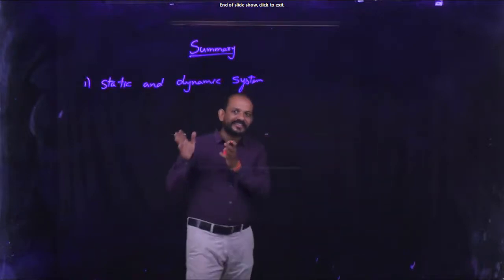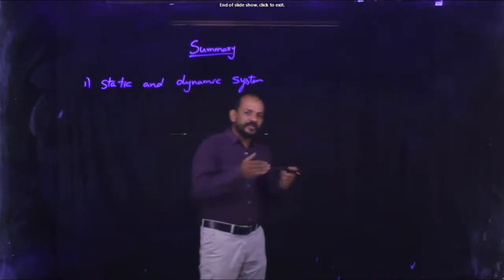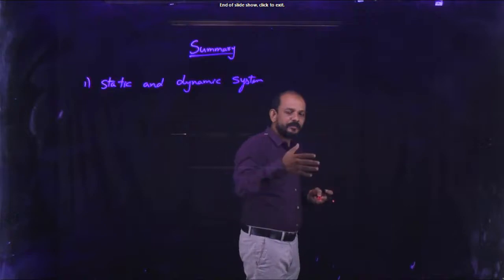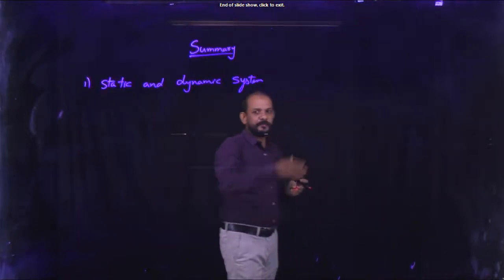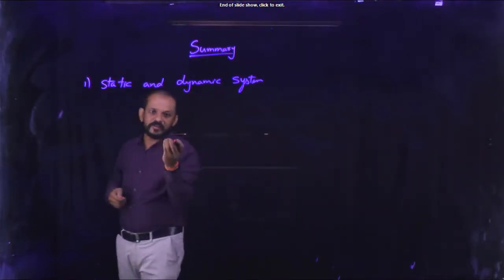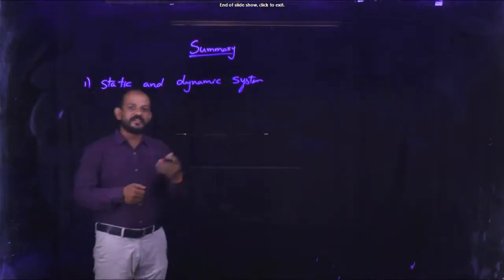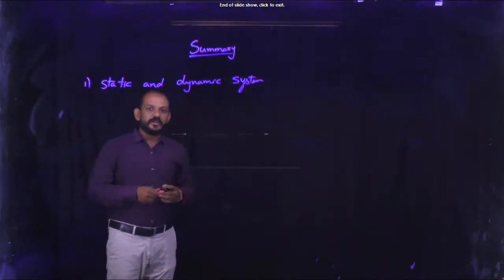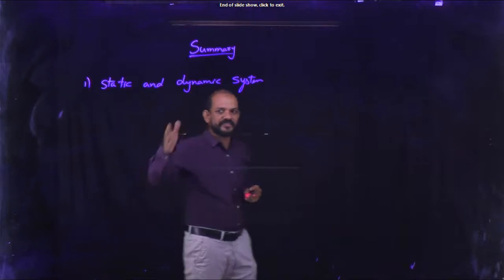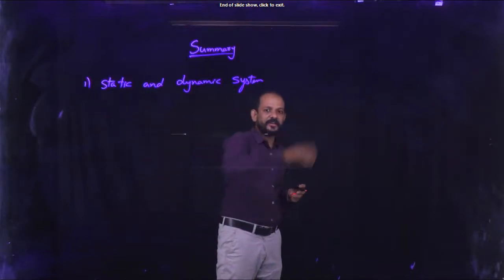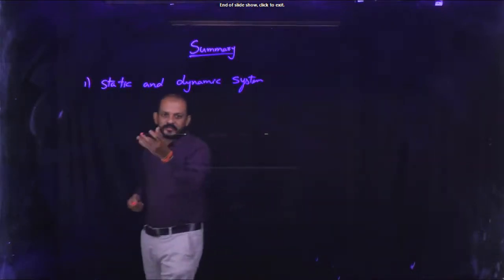With the general example, I went to the technical explanation of what is a static system and a dynamic system, and then I had taken some system equations for your better understanding. With those system equations, you are able to say whether that system equation is static or dynamic.